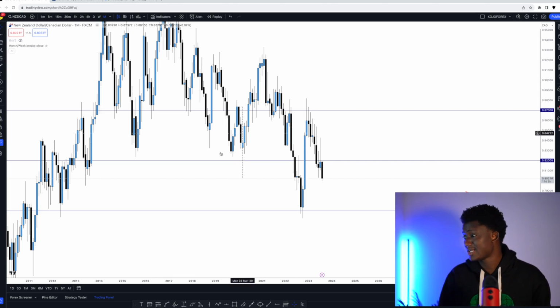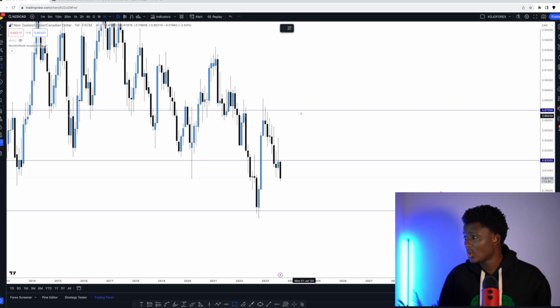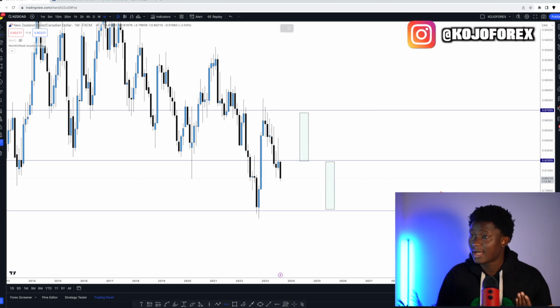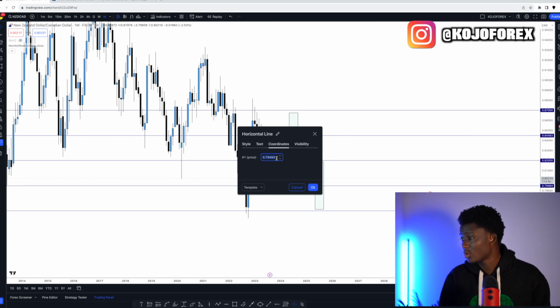Next, you understand that by this range we have already divided this market into two equal 500 pip halves, which is one range here and the other range here. But we're going further to break it down into 250 pip halves. You can see that I put a random line there and a random line here, but we're going to be very specific with it because we're trying to get the most rounded, perfect equation here.